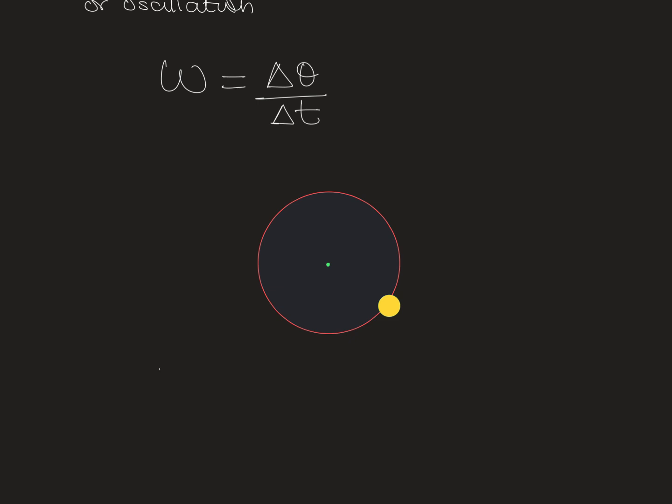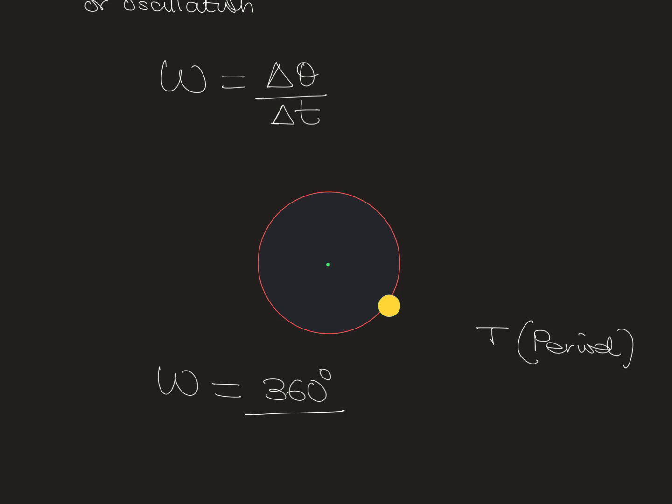So omega is equal to, in the place of delta theta, we will write 360 degrees, divided by, for delta t, when we are talking about one complete rotation or revolution, we use the letter T, that is capital T, signifying period.